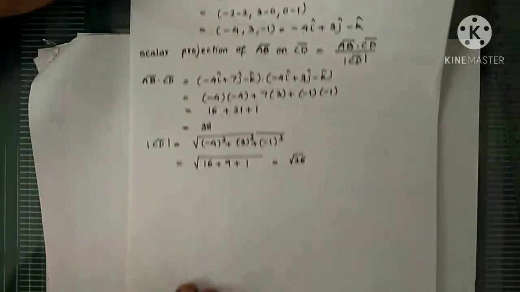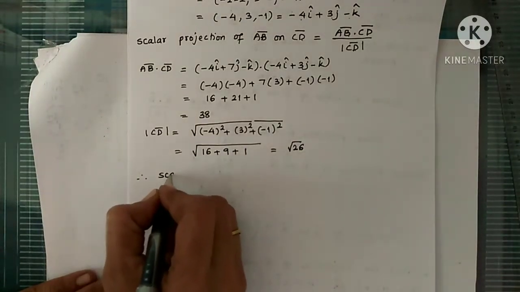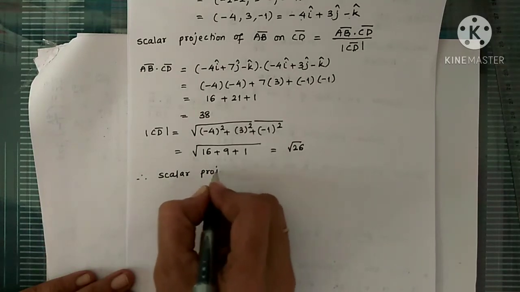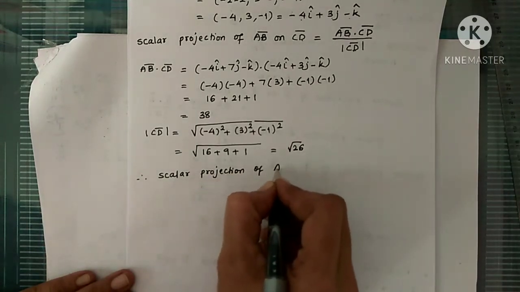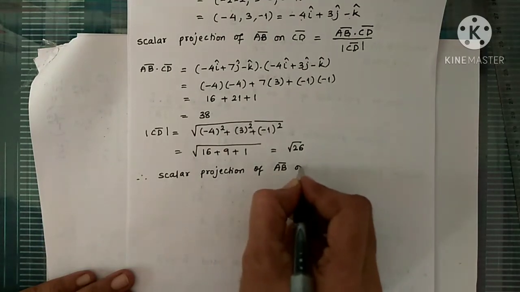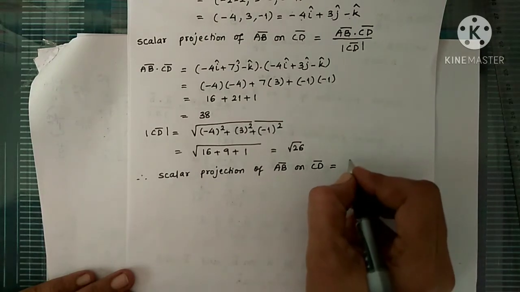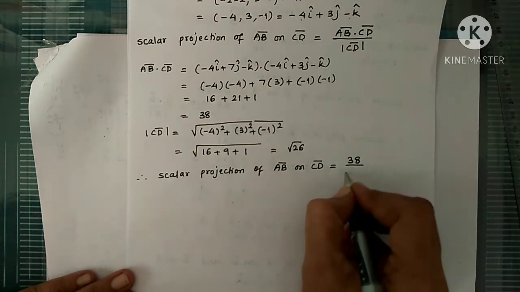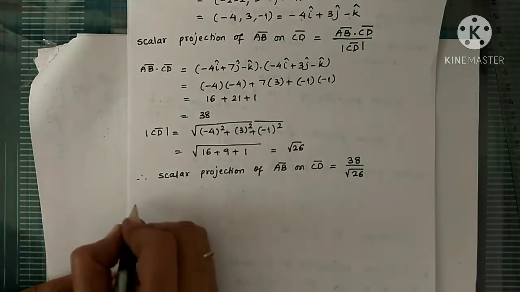Therefore scalar projection of AB bar on CD bar equal to AB bar dot CD bar, which is 38, divided by modulus of CD bar, which is root 26.